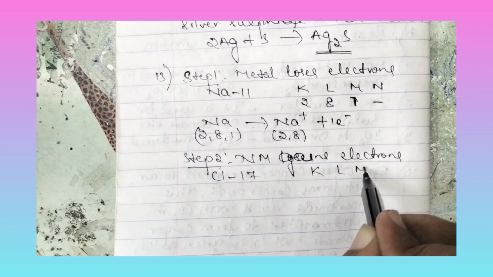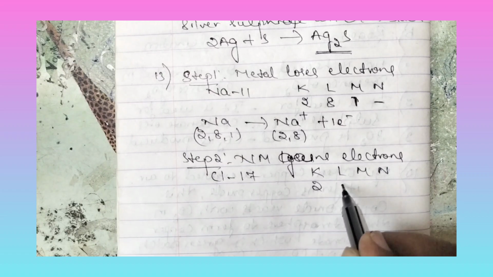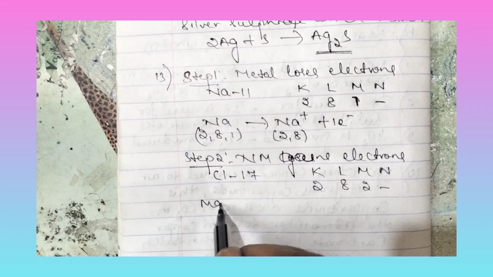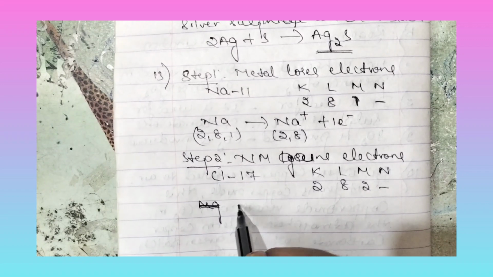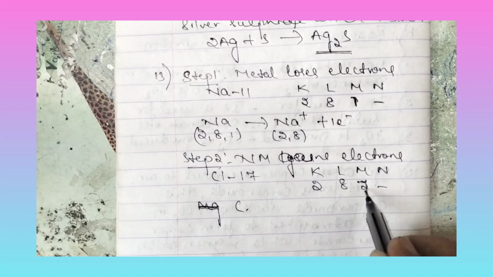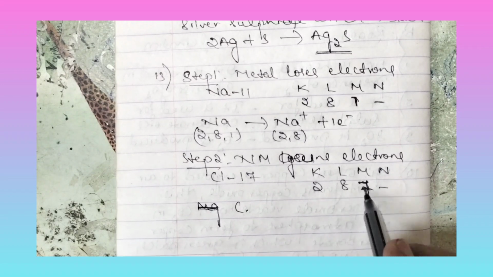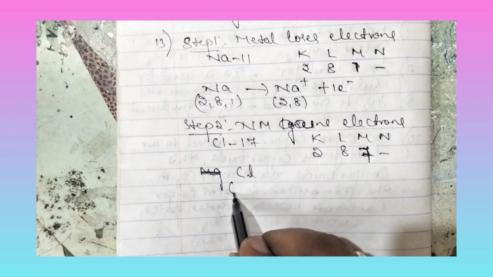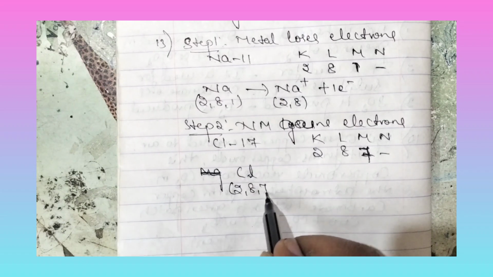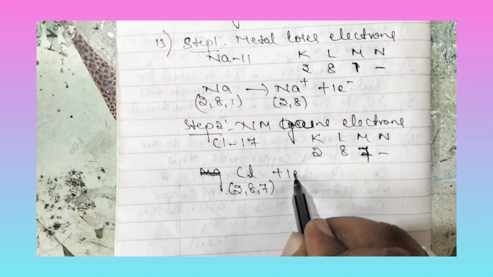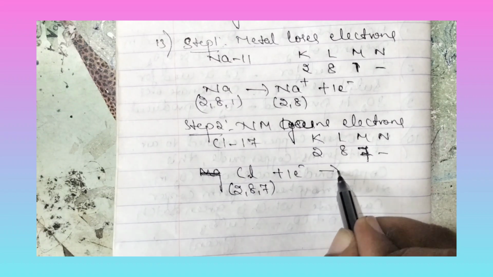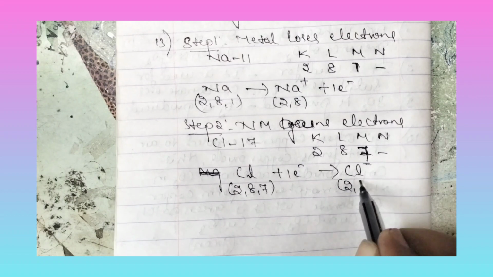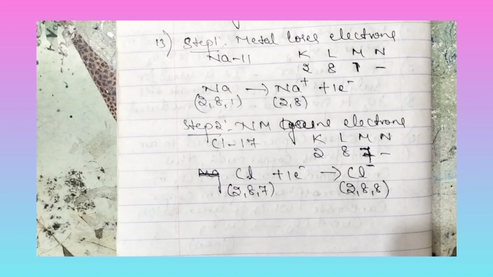So the distribution of electrons is K 2, L 8 and M 7. So 2, 8, 7. The chlorine atom 2, 8, 7, by gaining one electron, will become a chloride ion. So 2, 8, 8 by gaining 1 electron.